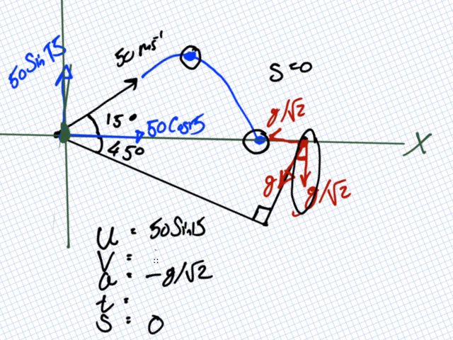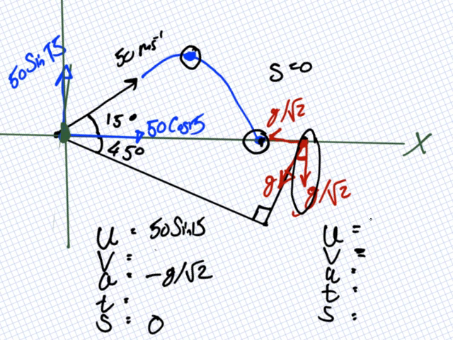How do I get the range now? Okay, so I want the range. What should I use for UVATS? Isn't it V equals 0? Here? No. What about 50 sine 50, if we are finding the time of flight? Oh yeah, that's why I wrote it over here for the next part. So what will I say now for UVATS?